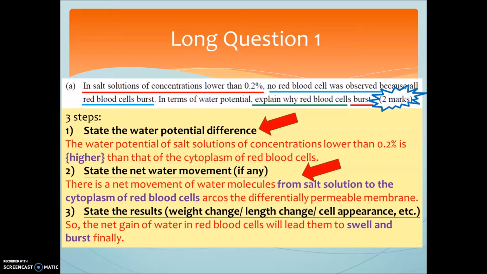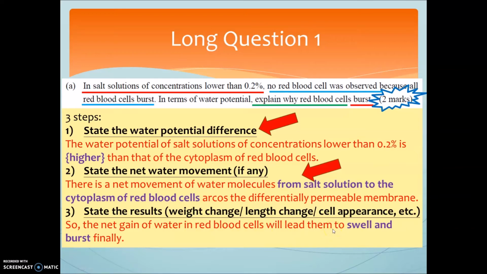You know we are talking about osmosis, so tell me by osmosis. And finally, just copy this statement because it's given by the question: the net intake of water in the red cell will make them swell and burst. So that's for part A.